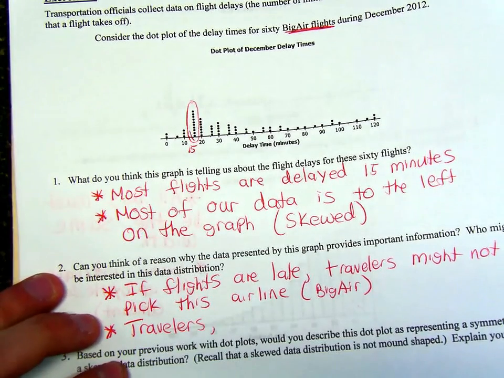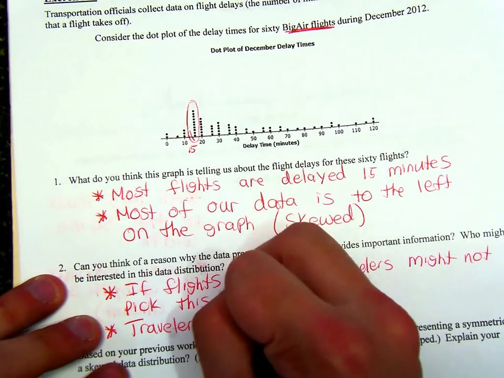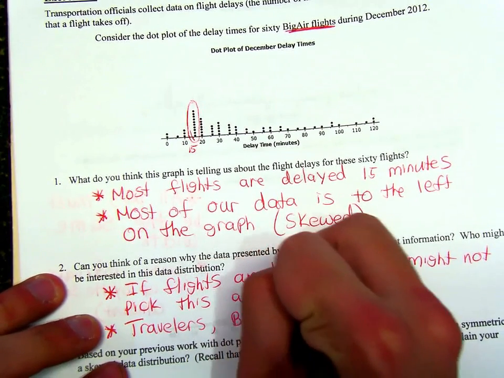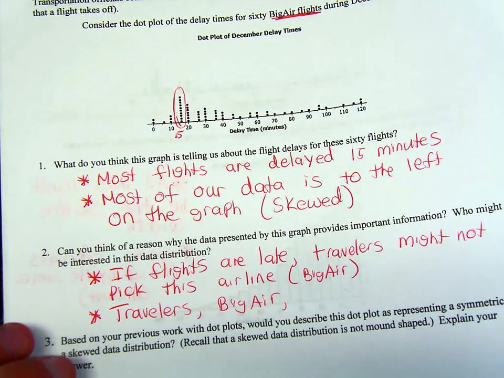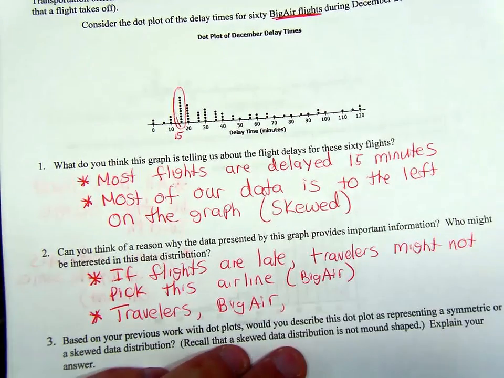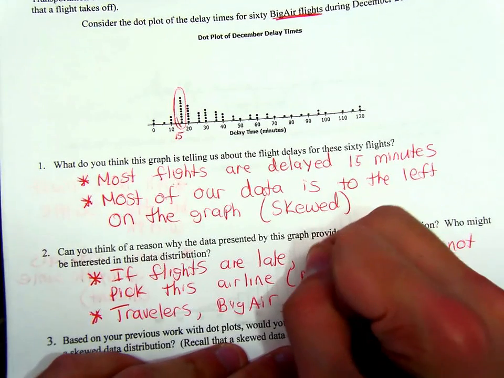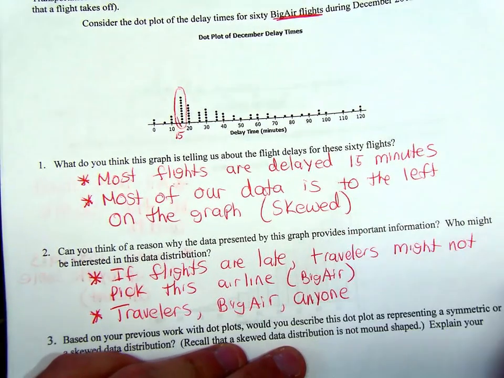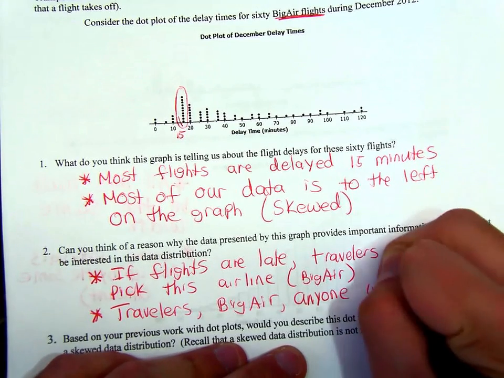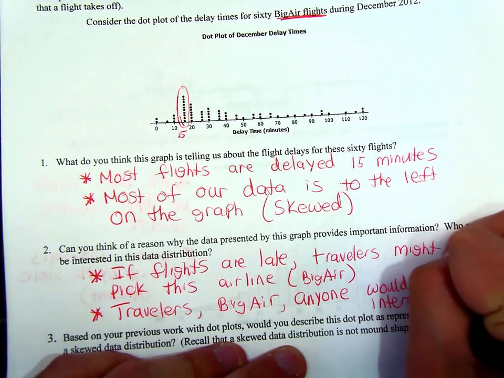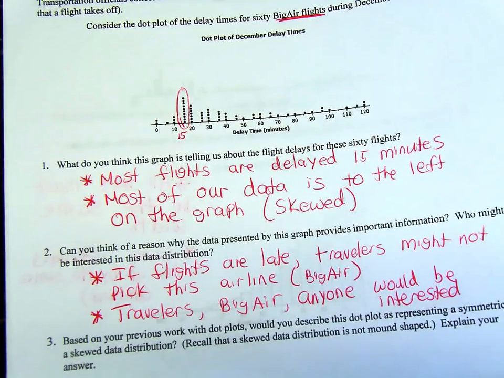Also, maybe the people at Big Air would want to know this so they can figure out why they have all these wait times. And basically anyone could be interested, because we want to know what the average wait times are, and so on.